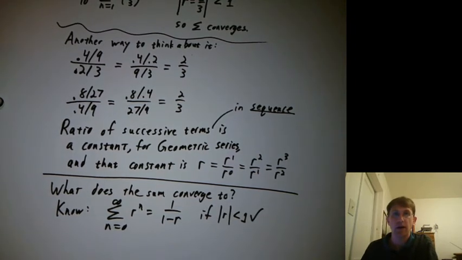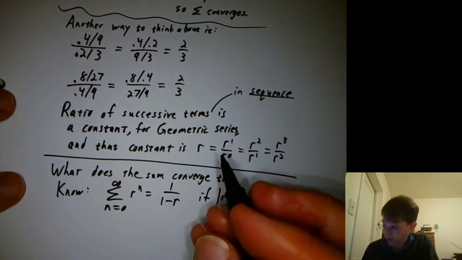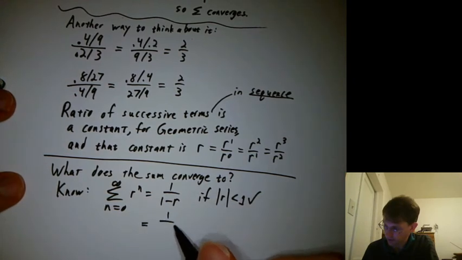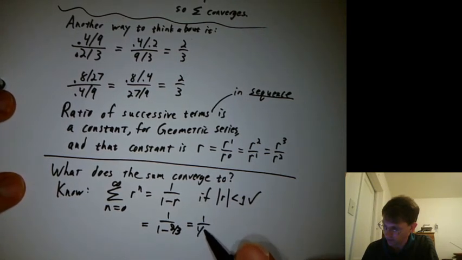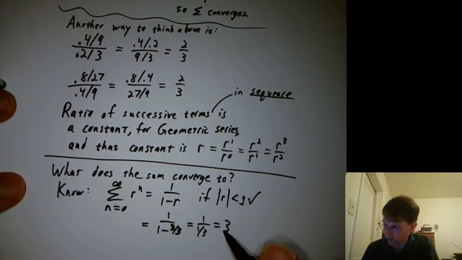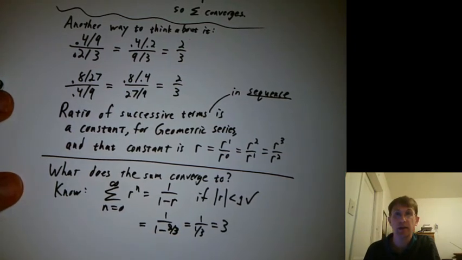It's 2/3. What do we get there? We get 1 over 1 minus 2/3, which is 1 over 1/3, which is 3. So can we say that this sum converges to 3?